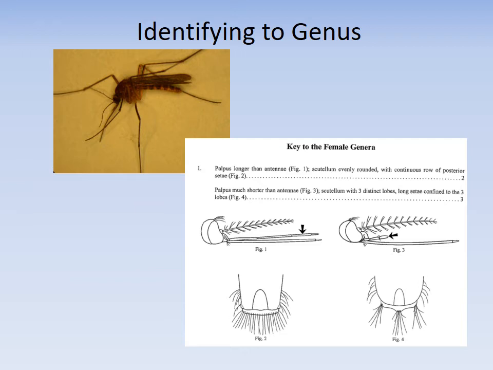So you just follow the couplet and go to where it's going to lead you next. You never go backwards. You're not going to go from couplet 1 to couplet 5 to couplet 8, and then all of a sudden back to 3. You would keep progressing. You never will come back.